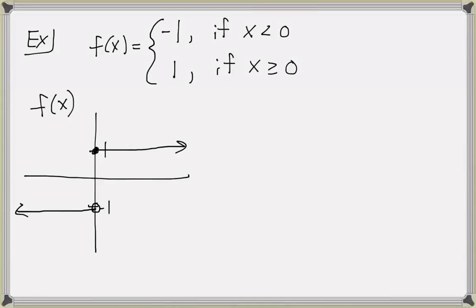So let's consider the limit of this function as x approaches 0. What value is the function approaching as x approaches 0? Well, if you follow this function from the left, we're getting closer and closer to x equals 0. That's right on the y-axis.